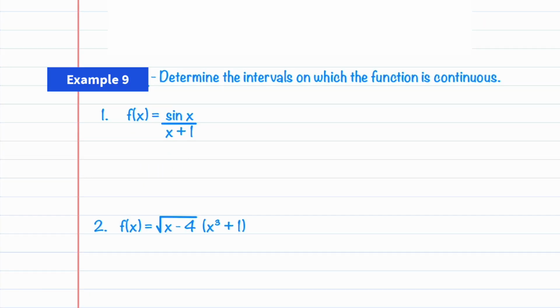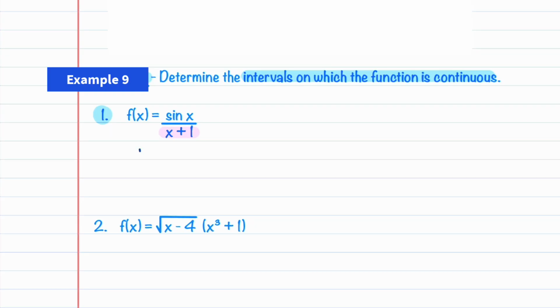We're going to look at some examples and determine the intervals on which our function is continuous. Let's look at our first example. Notice that we have a denominator equal to x plus 1. Our function is not going to be continuous when that denominator is equal to 0.